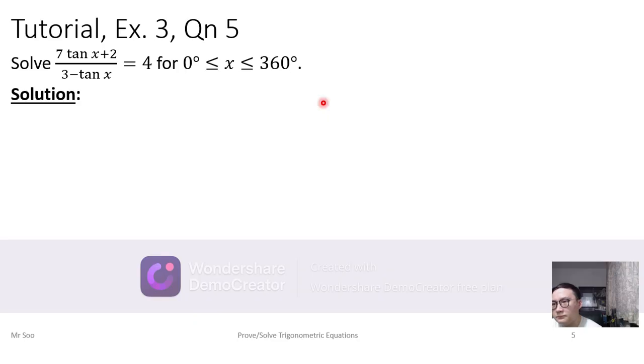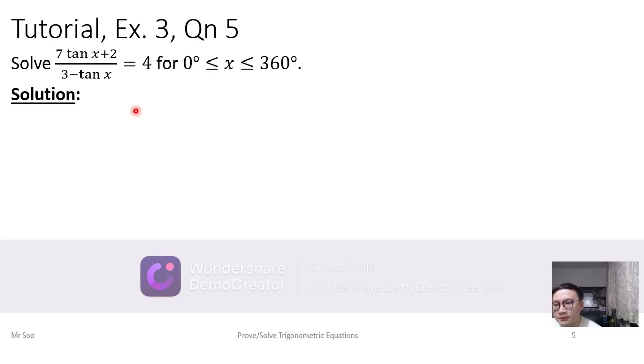Whenever you have a trigonometric equation, you need to ask yourself a few questions. Do I need to simplify the given expression using some form of trigonometric identity, for instance compound angle identity, double angle identity, or Pythagorean identity? That's the first thing you ask yourself.